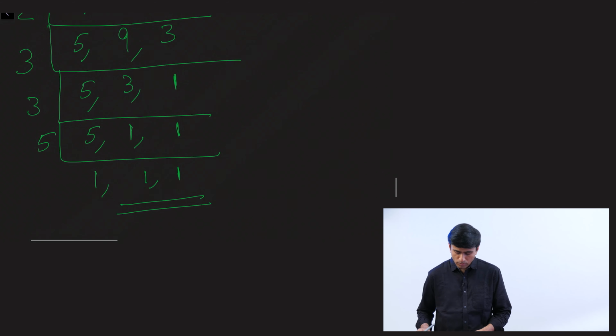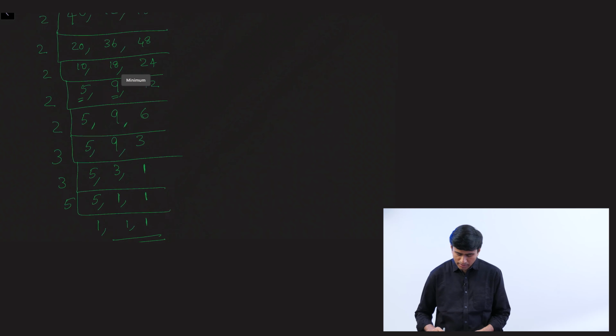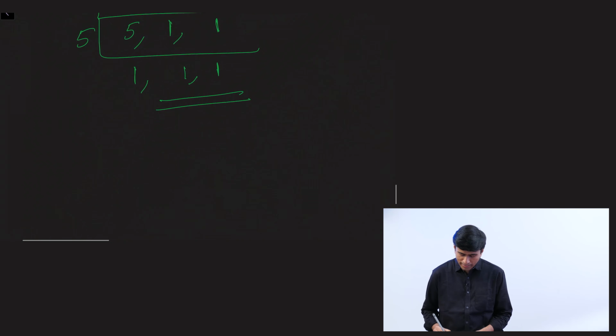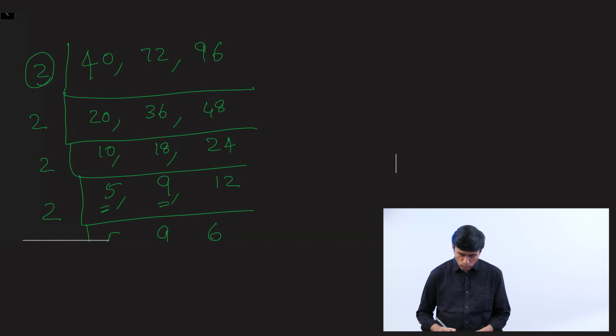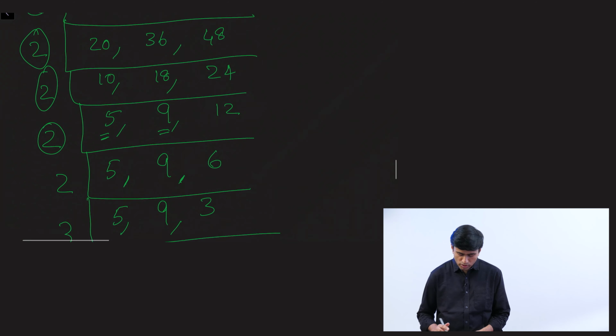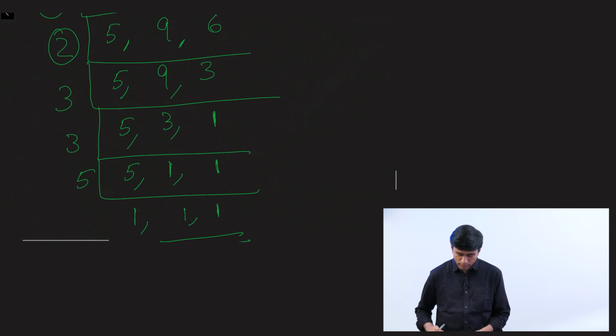Now you have to find the LCM. The way you find the LCM is just by multiplying all the factors. Let's go up and see all the factors. We have 1 2, 2 2s, 3 2s, 4 2s, 5 2s. Let's write with 5 2s first.